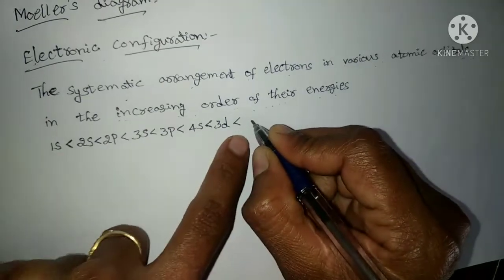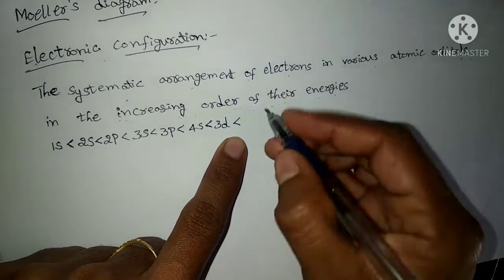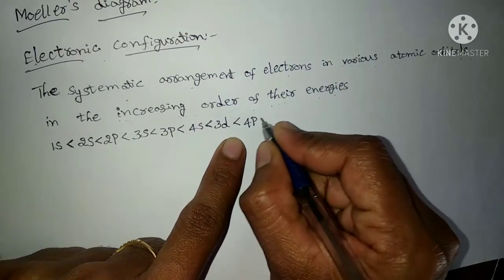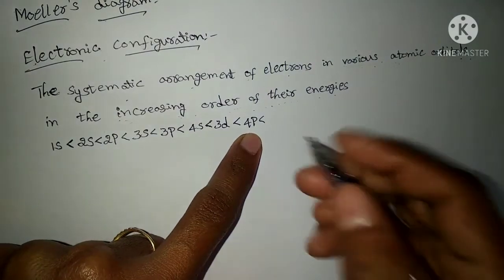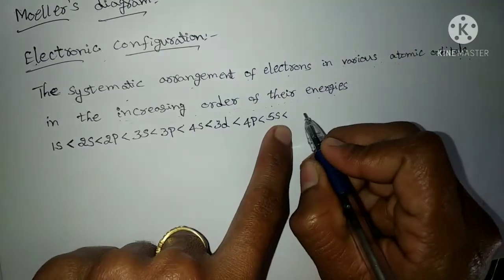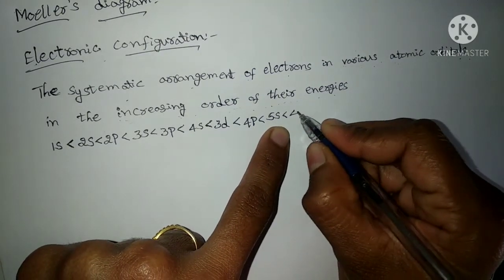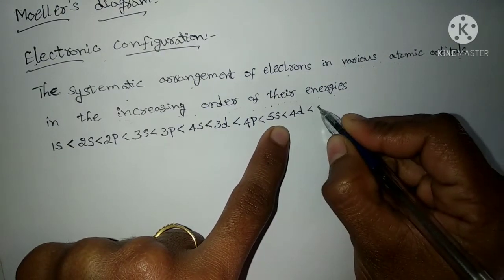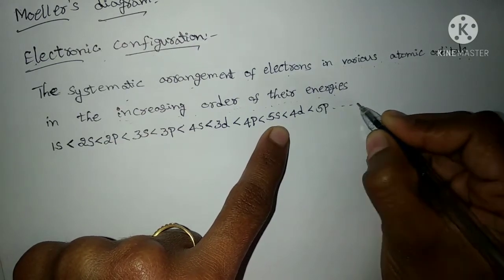Similarly, 3d has less energy than 4p. 4p has less energy than 5s. 5s has less energy than 4d. 4d has less energy than 5p, and so on.